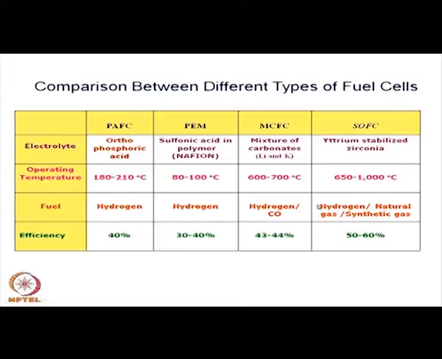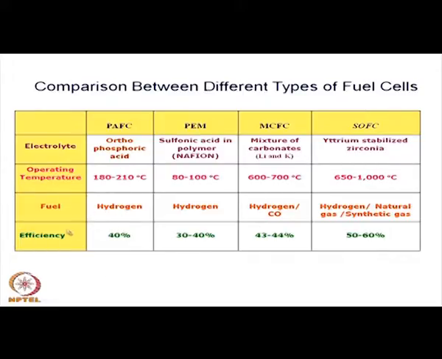So, this can operate with hydrogen, natural gas, even synthetic gas. One can generate synthetic gas from coal and then burn it. One has to find out the total overall efficiency, because efficiency is one of the driving forces for developing this kind of system.